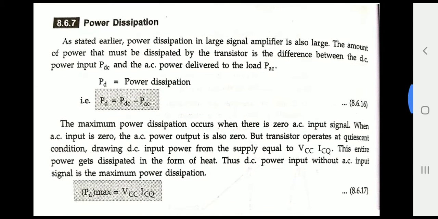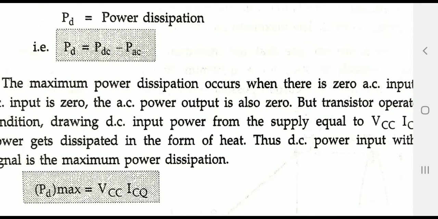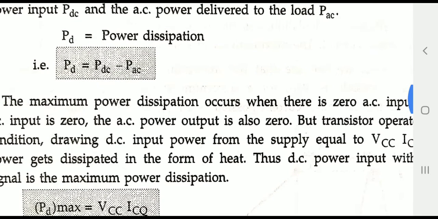Now the last nomenclature is power dissipation. The definition of power dissipation is the difference of DC input power and AC output power, which is written here. So PD equals PDC minus PAC. This is the power dissipation formula.